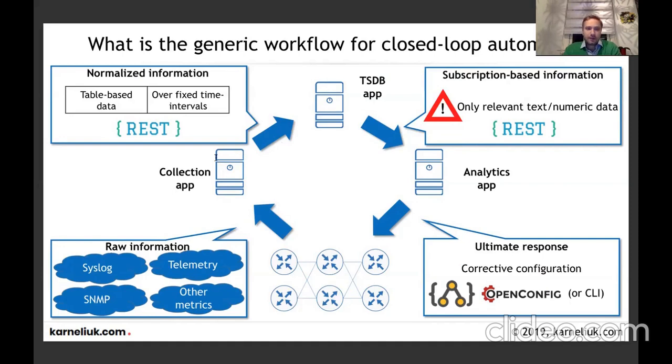So the collection app over a certain time frame pushes information to the time series database. So TSDB, time series database, a specific database, which is very handy for this task, for closed-loop automation. Why? When we speak about the measurement from the interfaces, say the interface counter, we always presume that we have the same set of information. I mean, the same set of interfaces, the same set of counters that we collect over each particular time interval, say 5 or 10 or 15, whatever seconds we need.